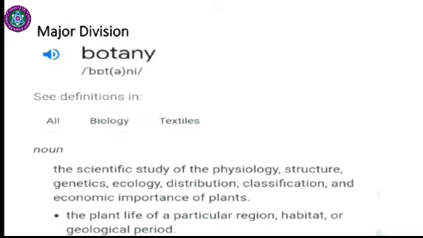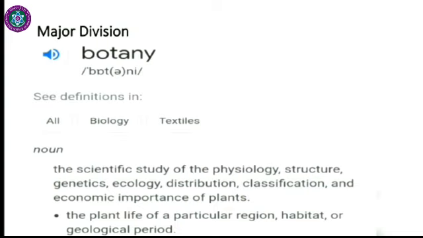Botany is the study of plants, including plant physiology, plant structure, plant genetics, plant distribution, plant classification, and the economic importance of plants. If we study botany, then we use the botanical names of different plants.